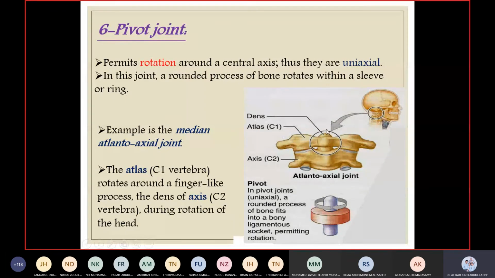The axis has this projection, this dens, which helps the atlas to rotate around it like this. So this allows your head to be rotated. You can rotate your head because of the atlas and axis, or atlantoaxial joint.